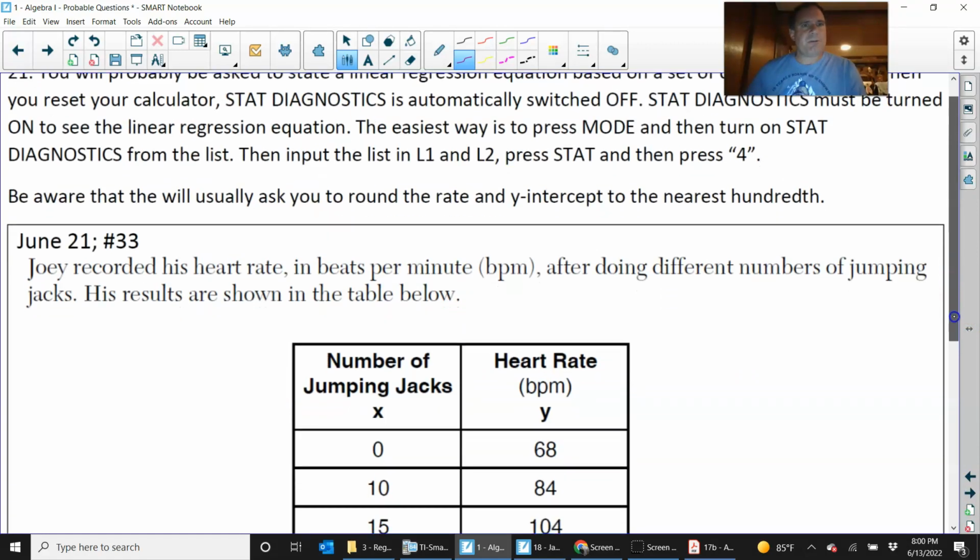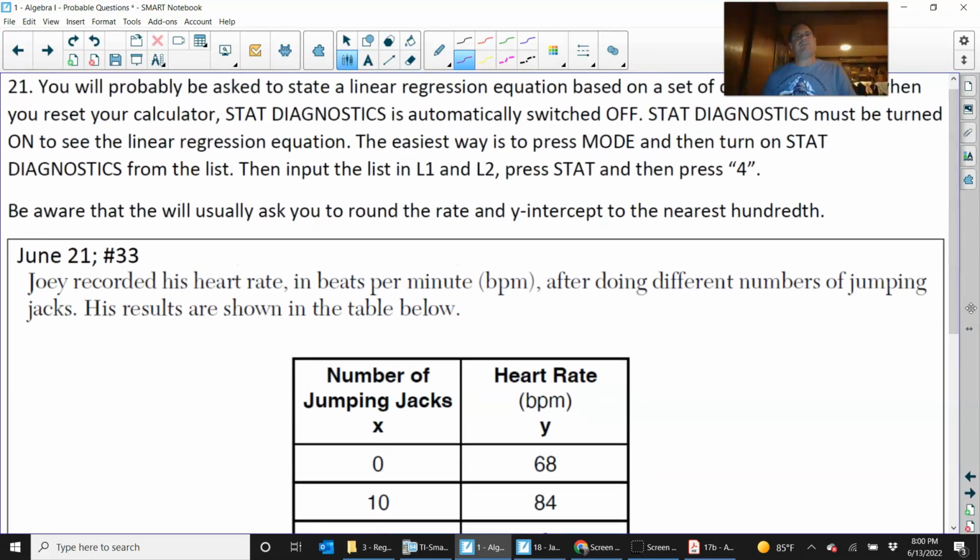So number 21, you'll probably be asked to state a linear regression equation based on a set of data. Remember, when you reset your calculator, stat diagnostics is automatically switched off. Do you remember, at the beginning of this video, we reset the calculator, and then all of a sudden we went to mode and turned stat diagnostics on? Well, that's for this question.